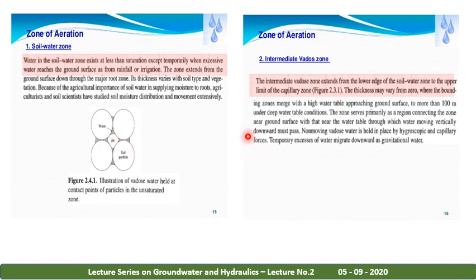The intermediate zone extends from the lower edge of the soil zone to the upper limit of the capillary zone, whereas the vadose zone exists at less than saturation, except temporarily when excessive water reaches the ground surface from rainfall or irrigation.